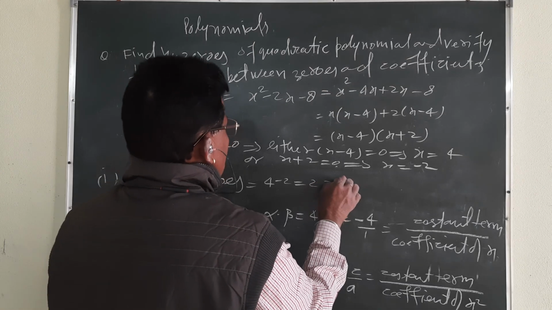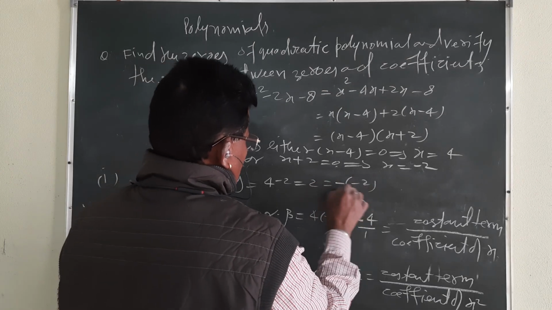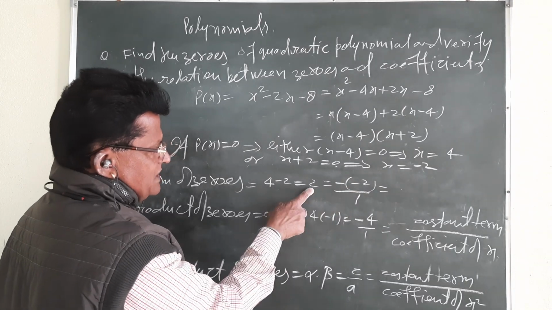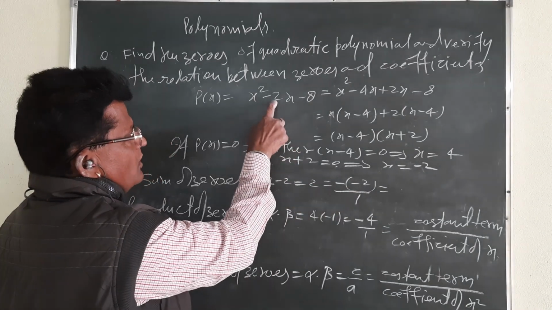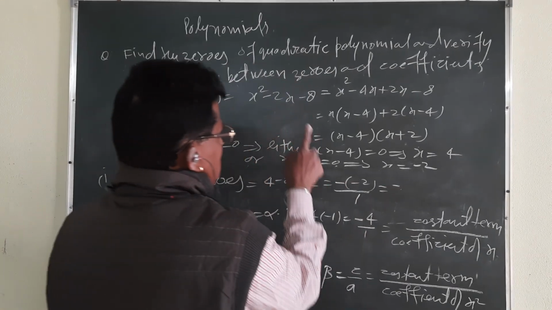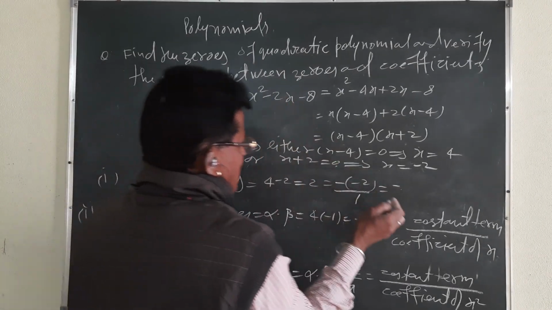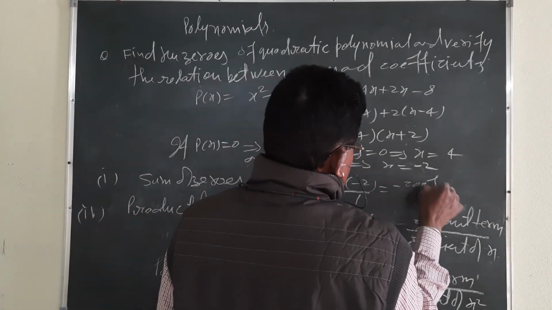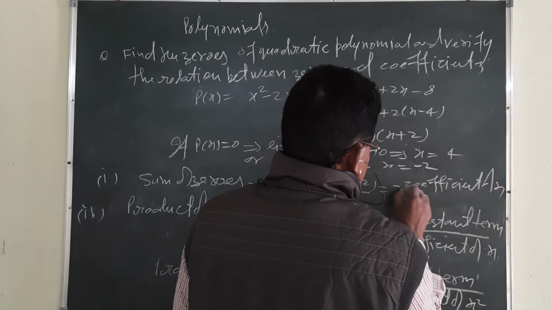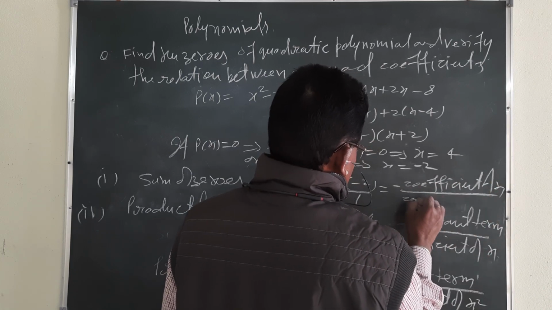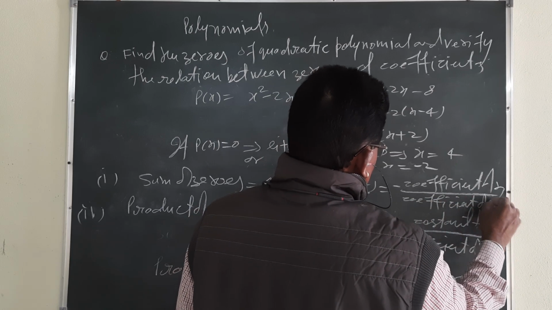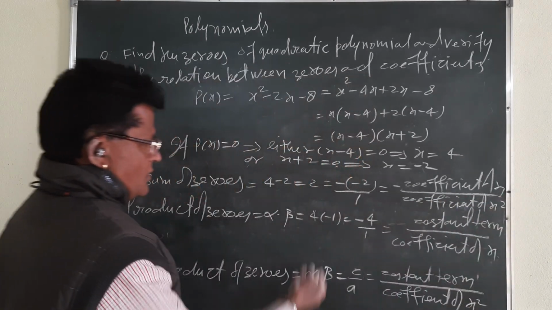And 2, how you can write 2? Minus 2 upon 1. Same thing. I have changed it. Negative to negative turns positive, because I require this one. It is for my minus 2, and for minus 2 you put here the negative sign. Minus 2 is what? Coefficient of x, divided by coefficient of x square. Okay, we got.